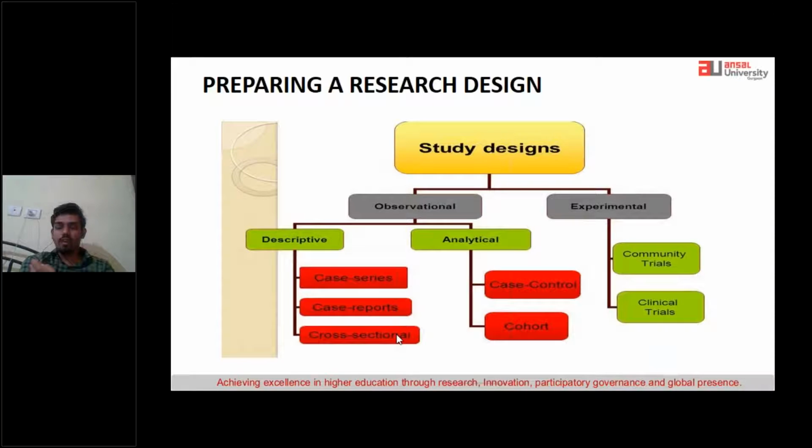It would take me another hour to explain each of them, but just to give you a brief, I have shown you this flowchart where you can understand.